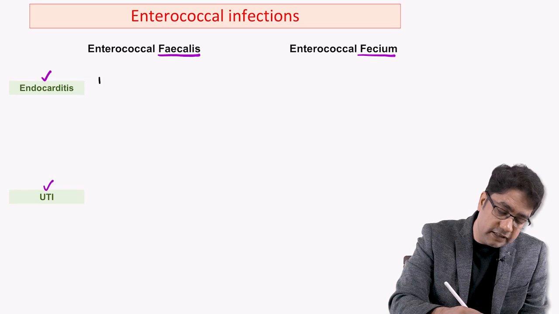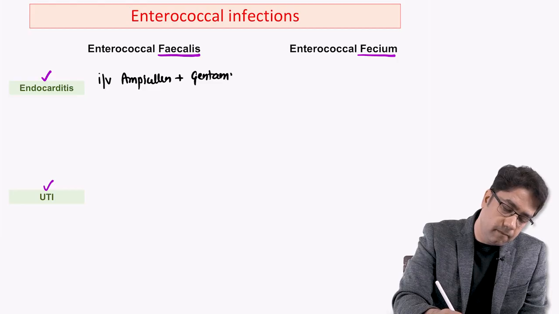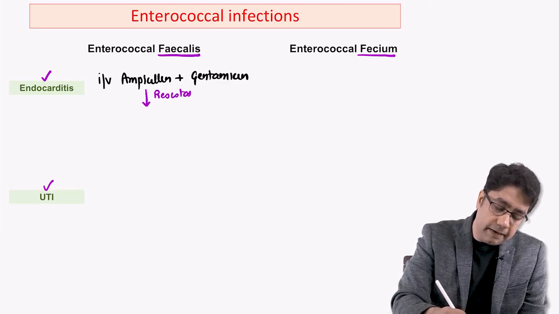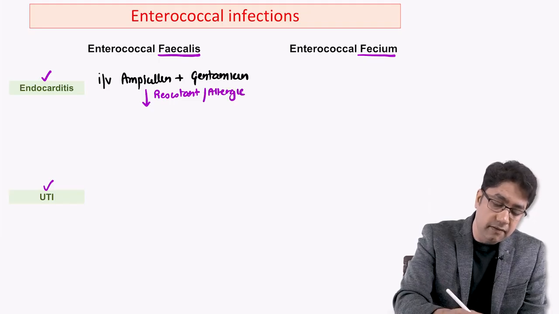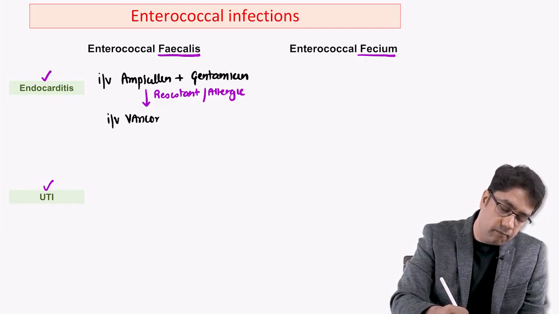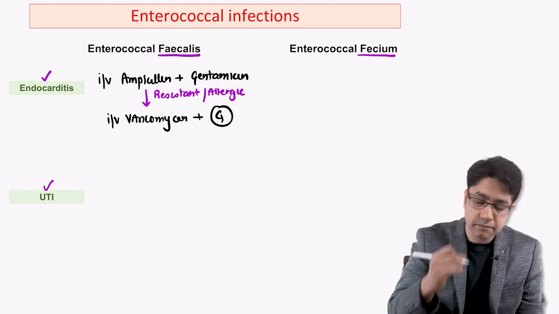Give the drug of choice, intravenous ampicillin plus gentamicin. In ampicillin-resistant cases, or we will write ampicillin-allergic cases, we know the treatment: we give IV vancomycin, which can be given with gentamicin.